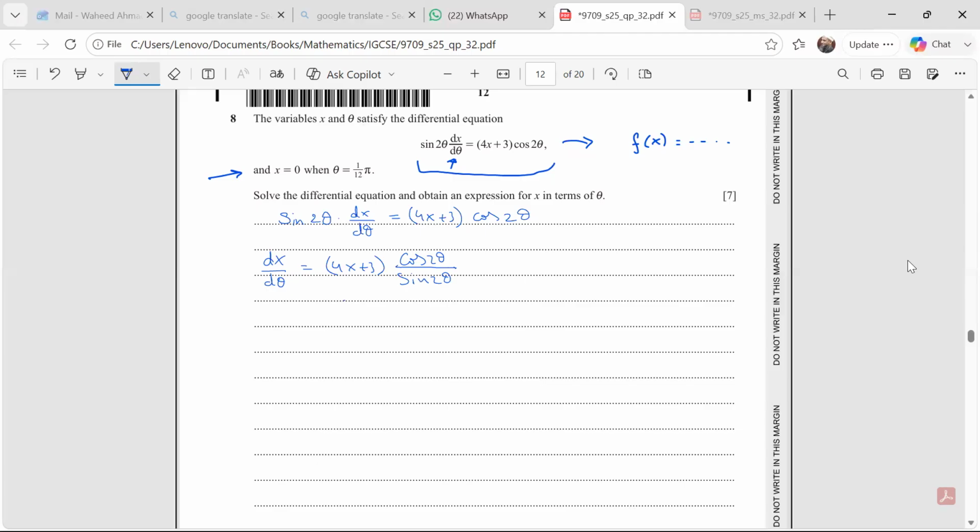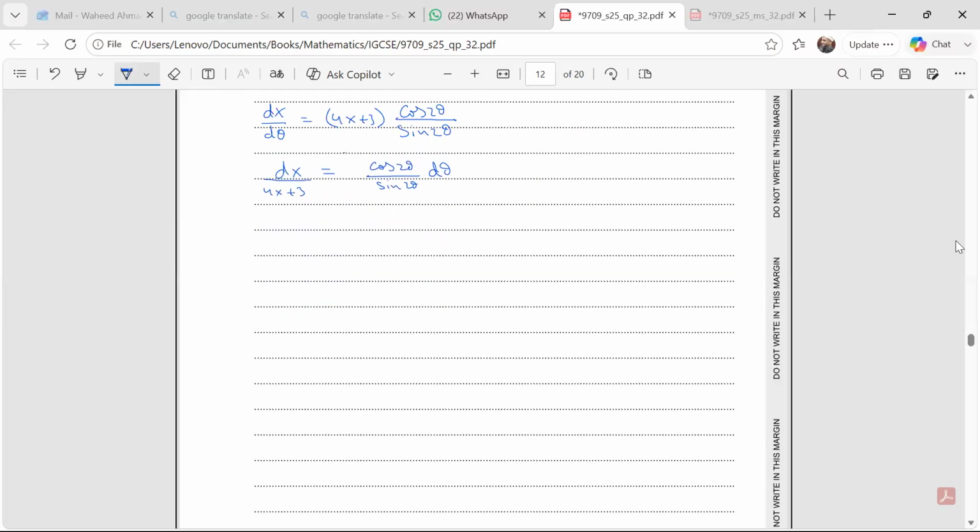Bringing d theta to the right and 4x plus 3 to the left, dx over (4x plus 3) equals cos 2 theta over sine 2 theta d theta. Now on the left side I have only x, on the right side only theta. Next I will integrate both expressions.